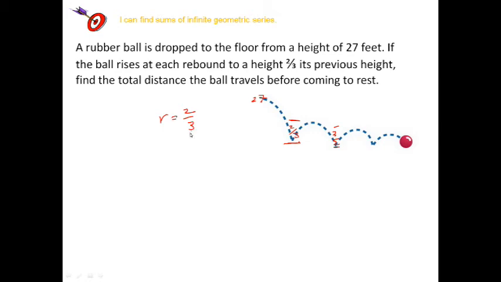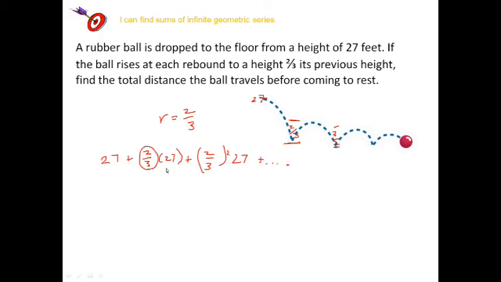So what I have is 27 plus 2/3 times 27 plus 2/3 squared times 27, and so on. Here you can see my r is 2/3.